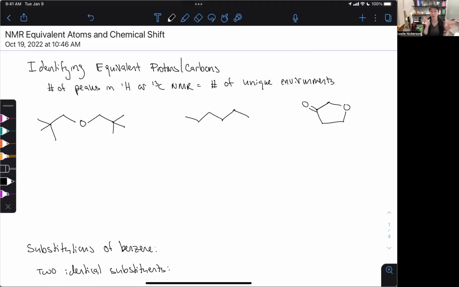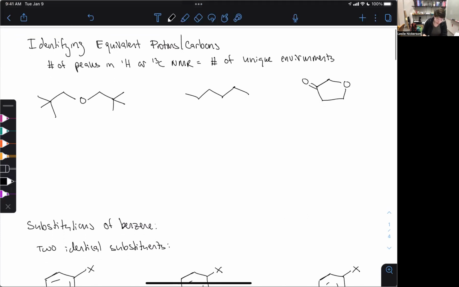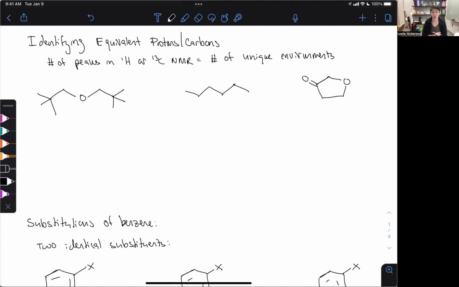So if you have something with a lot of symmetry, you might only have a few peaks, maybe 3 peaks or so, but a whole lot more carbons and protons than that. That's because anything that's equivalent is going to show up as one peak itself. So what we need to be good at is identifying what those equivalent environments are.